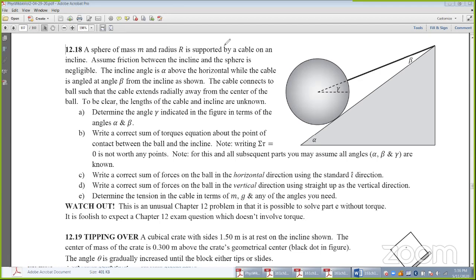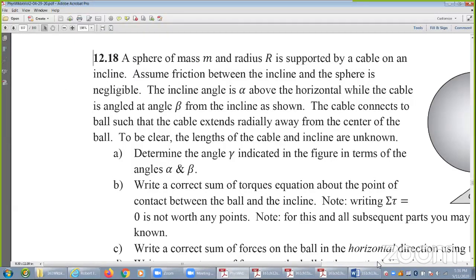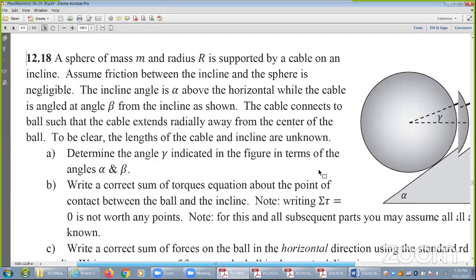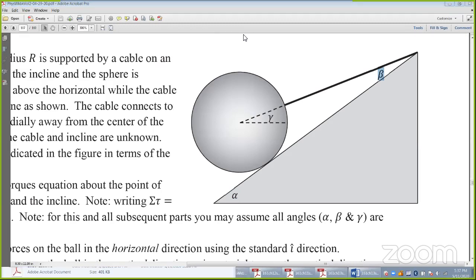All right. We got to figure out the angle. So now we're trying to figure out this angle gamma in terms of alpha and beta. So alpha and beta are given. All right, that's fine. So let's see if we can figure out something in here.